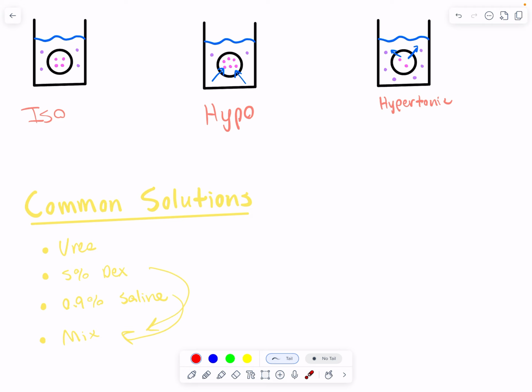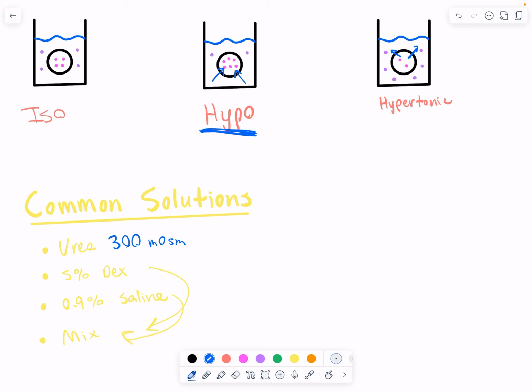So with urea, if a solution has urea in it, then even if it's iso, let's say we have a 300 milliosmolar solution of this, and the cell is 300 milliosmolar, even though they're isosmotic compared to each other, the effect would still be a hypotonic effect because urea wants to go inside of the cell.